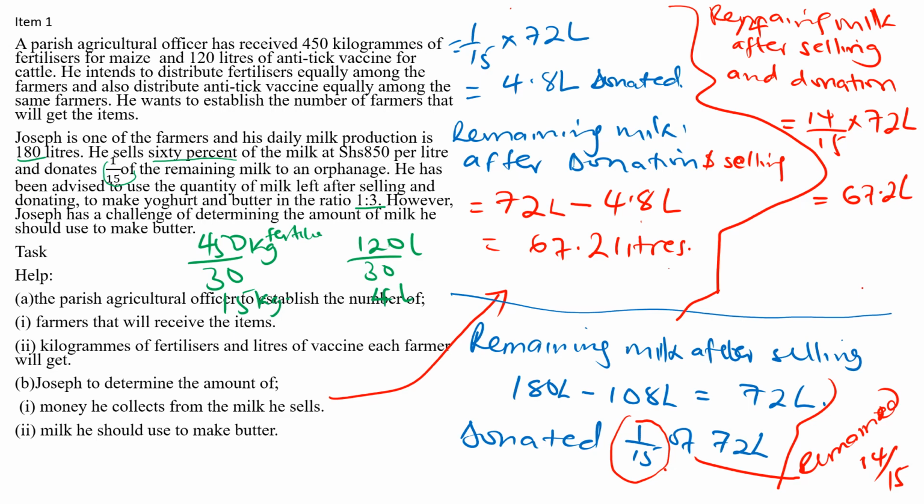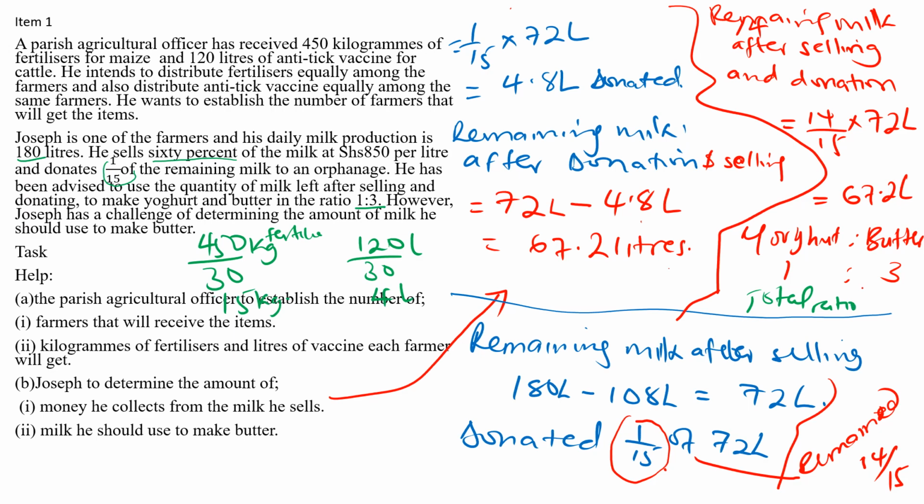Then also we can proceed. But here, this milk now is the one available to make butter and at the same time yogurt. But yogurt and butter were to be made in the ratio of 1 to 3. Now you need to come here and you ask yourself, what is the total ratio?